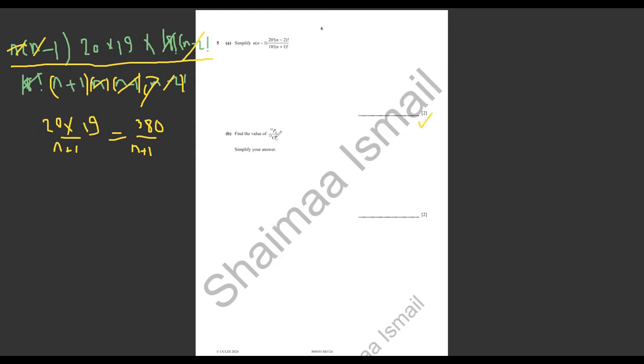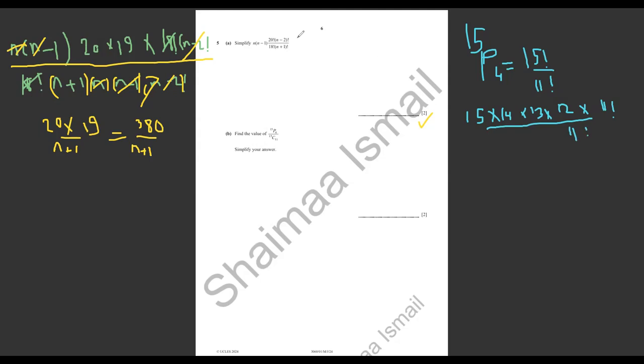Find the value of the permutation of 15, permutation 4, which equals 15 factorial divided by 11 factorial, which equals 15 multiplied by 14 multiplied by 13, then 12, then 11 factorial, divided by 11 factorial.